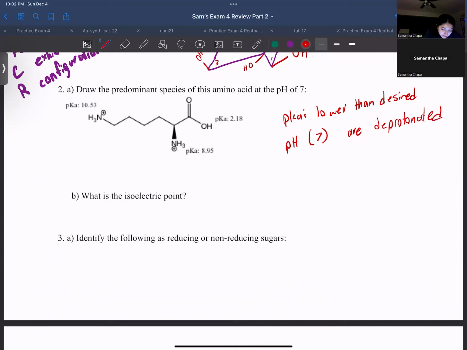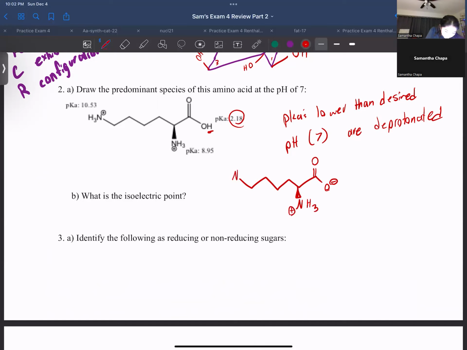So I'm just going to check this pKa is lower than 7, and that's all. So only this hydrogen is going to be deprotonated. So I'm going to get all my carbons correct. Deprotonate that oxygen. Everything else stays as normal. Cool. And that should be the predominant species at a pH of 7.